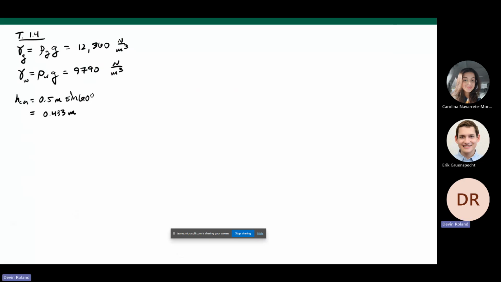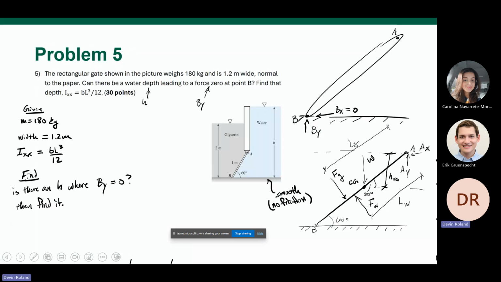Now, that is the HCG local to the gate. For the force calculation, what we need is the HCG for each fluid.